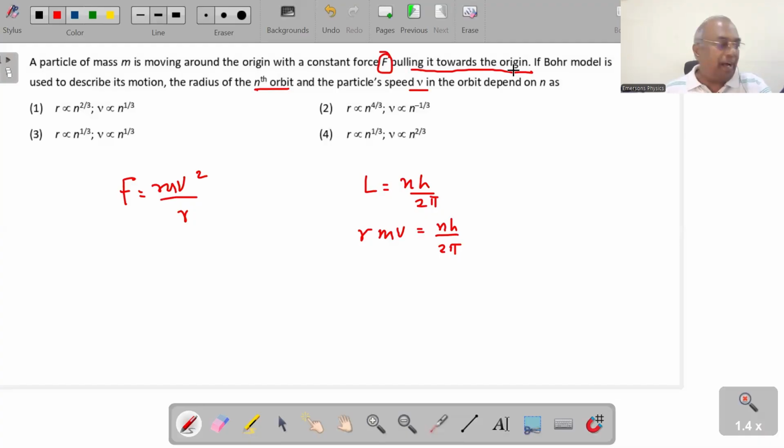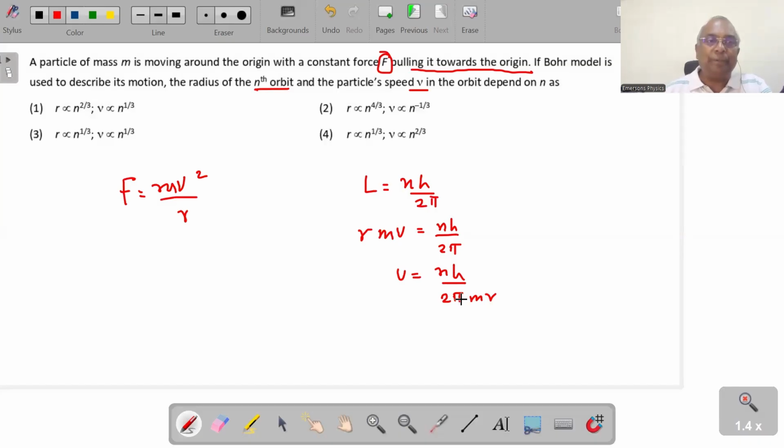Taking v out, v equals nh by 2 pi into m into r.